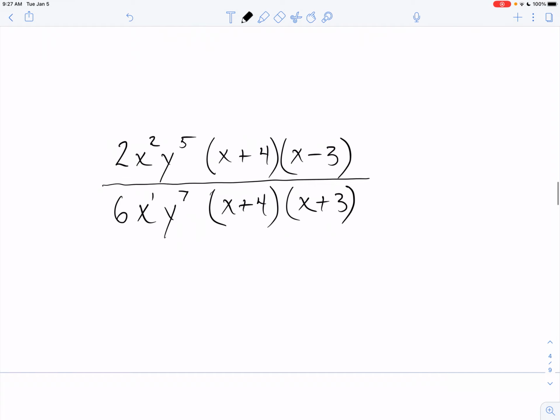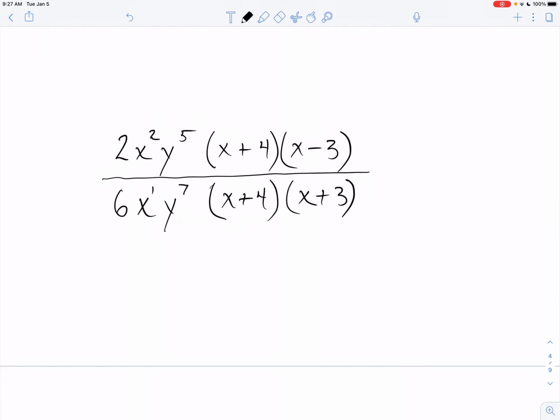So I have this ominous looking thing right here. And what I'm trying to get at is you can reduce this and make this more compact. That's your job. That's what's called simplifying a rational expression. Well, numbers cancel numbers. So, this does not count as a number to me.